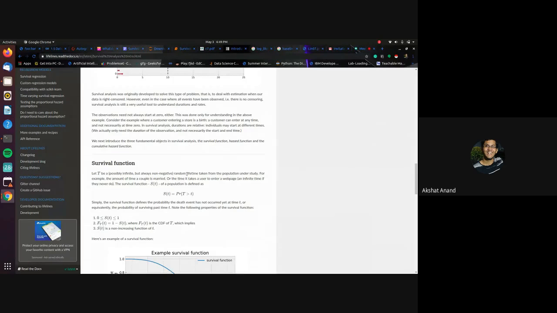It can't be a negative number. It is a random lifetime taken from the population under study. For example, the amount of time a couple is married or the time it takes a user to enter the web page.